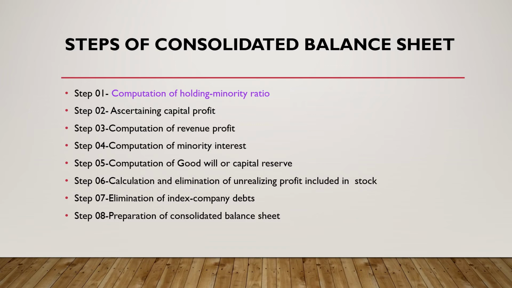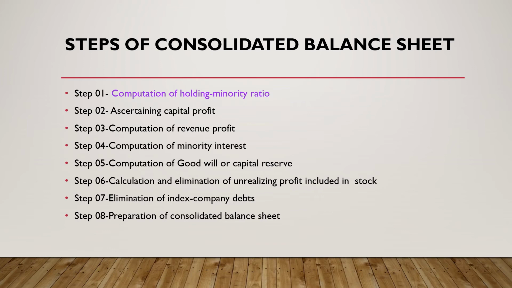After finding this, the second step is to ascertain capital profit, and the next step is computation of revenue profit. Then we prepare the consolidated balance sheet. This particular calculation is very important. You need to find out the total capital profit and total revenue profit.